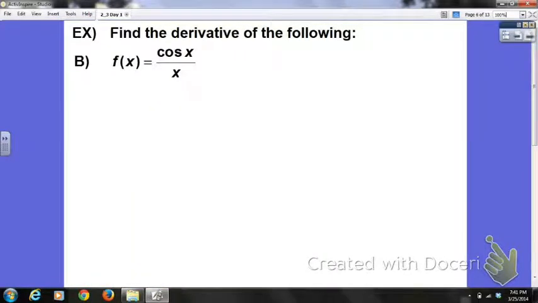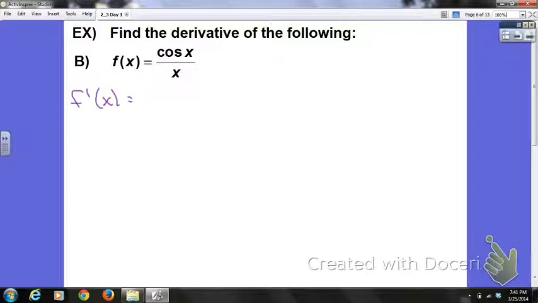Now let's apply our quotient rule with trig. Find the derivative of the function f of x is equal to cosine x over x. So f prime of x is equal to low d high less high d low all over denominator squared we go.